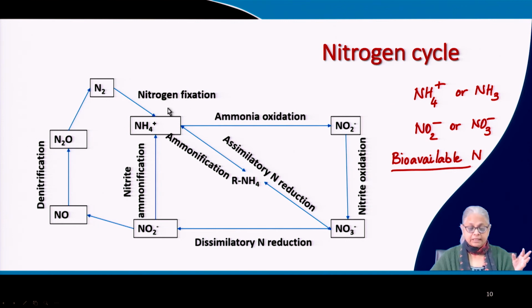So you have nitrogen fixation, conversion of inert nitrogen to ammonia, ammonia oxidation to nitrite and nitrate. So that's nitrite oxidation. Then what we call dissimilatory nitrogen reduction and nitrite ammonification. So the conversion of nitrite and nitrate to ammonia and into the biomass. Now the final step is nitrate going to nitrite, going to nitrous oxide, dinitrogen oxide, and back to the inert form. So these are the various forms of nitrogen that are present in the environment and converted by different bacterial species.